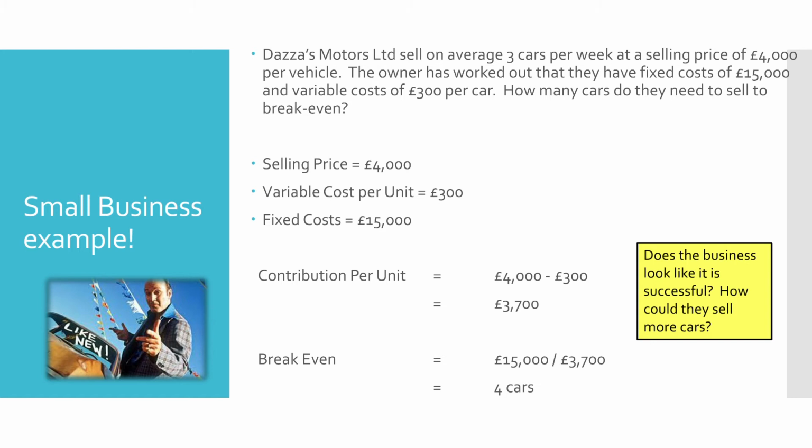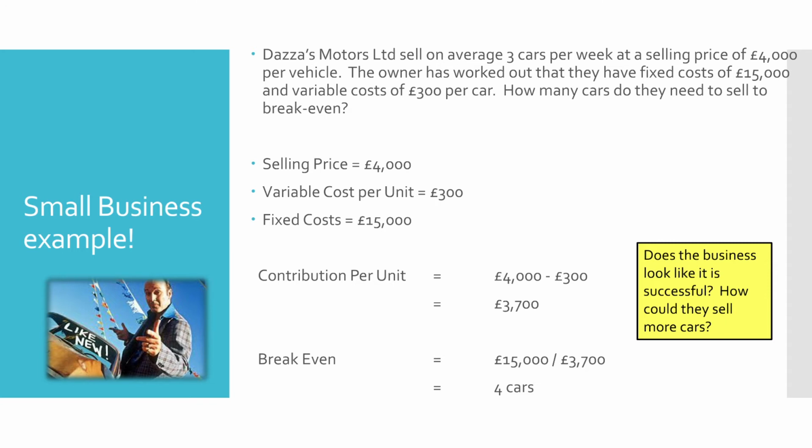Now we've got our fixed costs, which are 15,000, divided by what we are getting per car, 3,700, which equals 4 cars. So we would need to sell 4 cars in order to break even. Any sales beyond 4 cars are now profit.